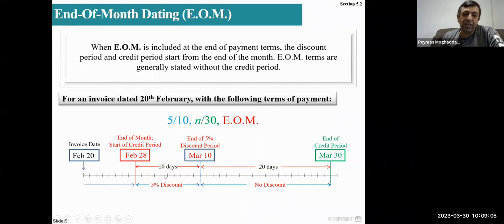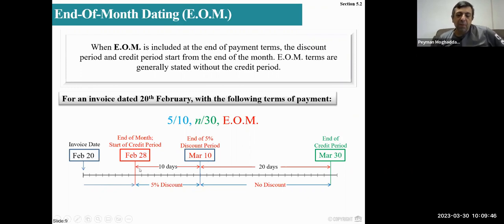So one more thing I want to add here is that if the buyer decides to pay the invoice before February 28th, as soon as they receive the invoice, for this period from invoice date to the end of the month, the 5% discount also applies. It's obvious, right?